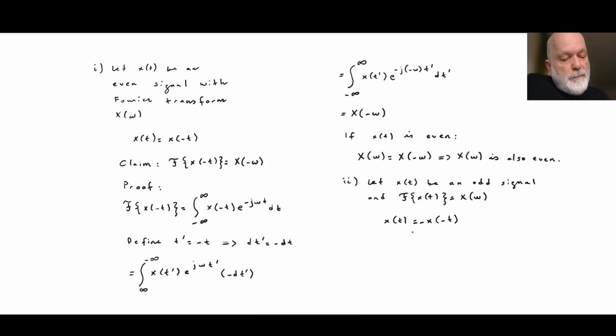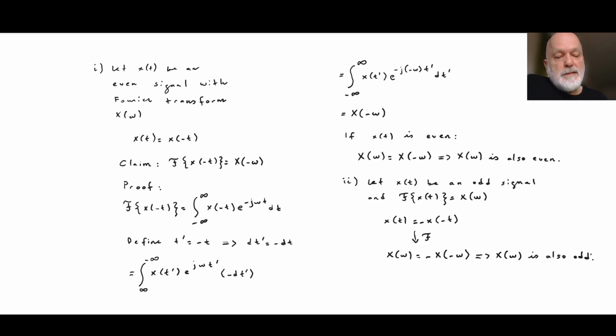So if you take the Fourier transform of this equality, X of omega is equal to minus X of minus omega. So this implies that X of omega is also odd. So the Fourier transform of an odd signal is also odd as a function of omega.